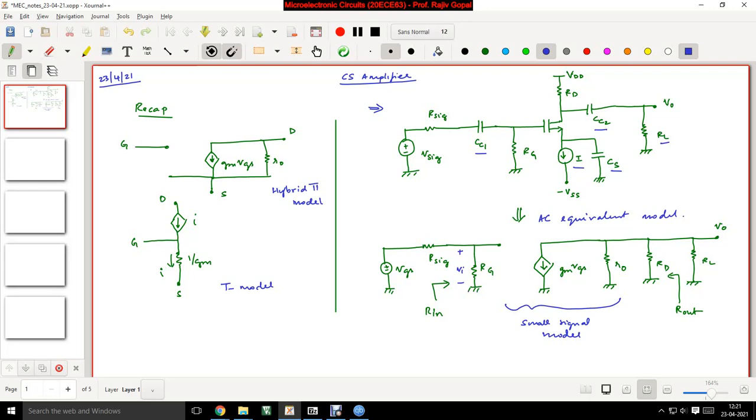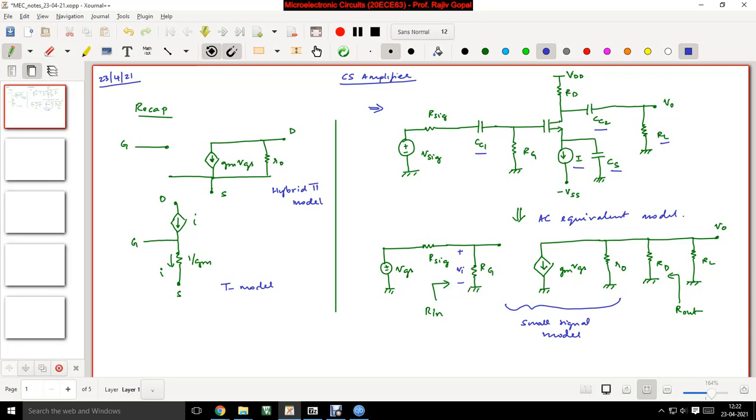Remember, we call it r0 when the MOSFET is in saturation. We call it rDS, small r, capital D and capital S, as drain to source resistance when the MOSFET is in triode region. Both of them are not the same. Of course both are drain to source resistances, but the context is different: one is in saturation, the other in triode region.